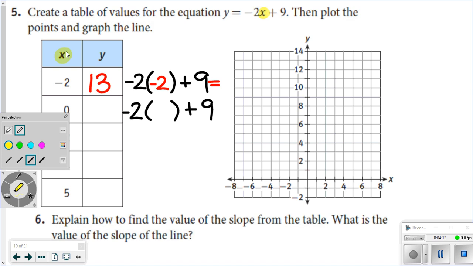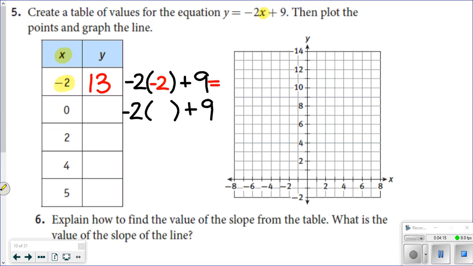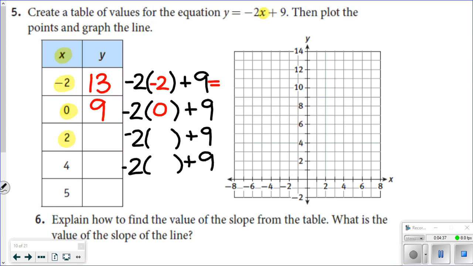Okay, so we just plugged in negative 2, then we're going to plug in 0, then we're going to plug in 2, and so on. So negative 2 times 0 plus 9. I got 9. Then we're going to do it again, and we're going to keep going till we fill in our whole table.